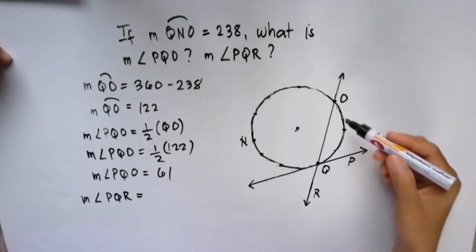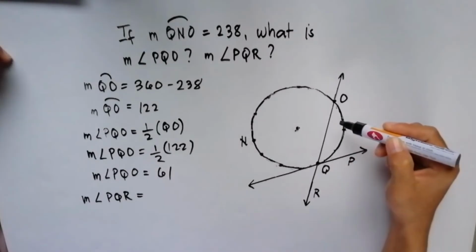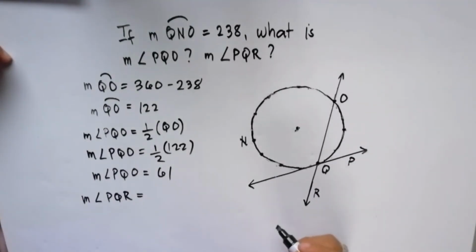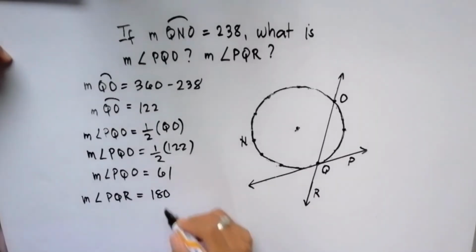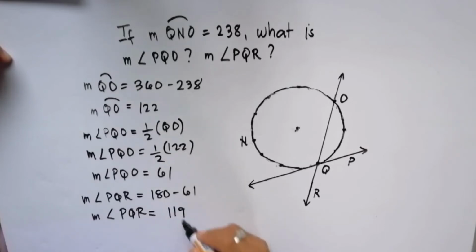So since the measure of PQO is 61, the PQR is equal to 180 minus 61, and that is equal to 119.